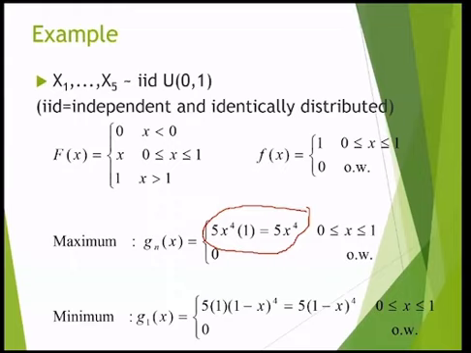Now if you want to do the same for the minimum, plug in. This is what we get for the minimum, just as we did for the maximum. I can also ask you to figure out the mean, the variance, and the expectation for that. What we've derived is what we call the probability distribution of the minimum and that of the maximum.